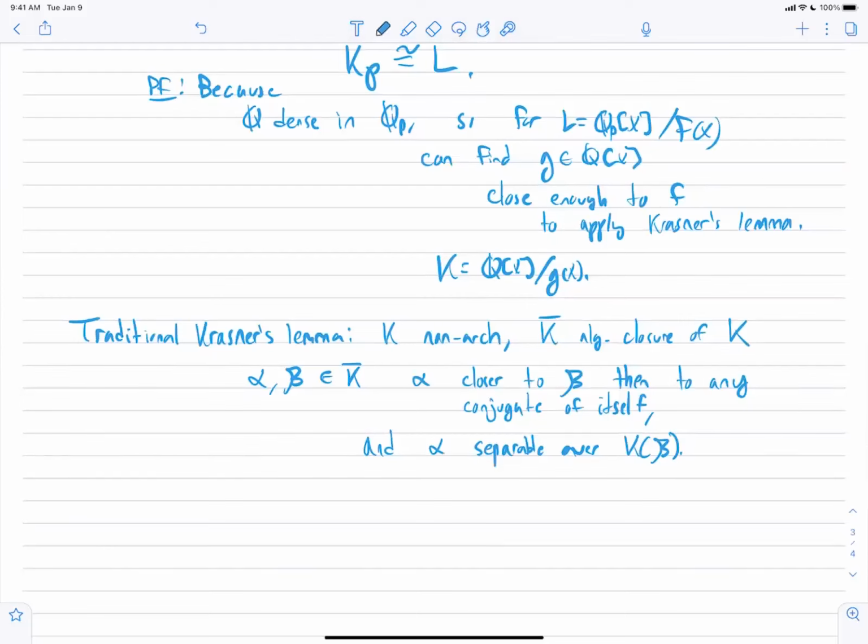Well, then the statement is that the field generated by alpha is contained in the field generated by beta. Somehow you can get to alpha from beta.